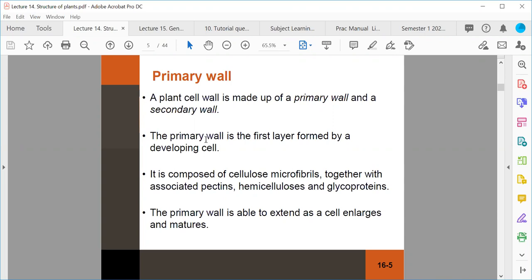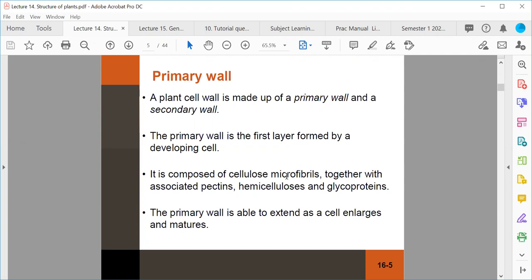The primary cell wall is the first cell wall that's formed when a cell first develops. It's quite thin and very flexible. It's highly hydrated, and it can easily expand as the cell is still growing. The primary cell wall is composed primarily of the structural polysaccharide called cellulose, and you might remember that cellulose is made up of repeating units of glucose.